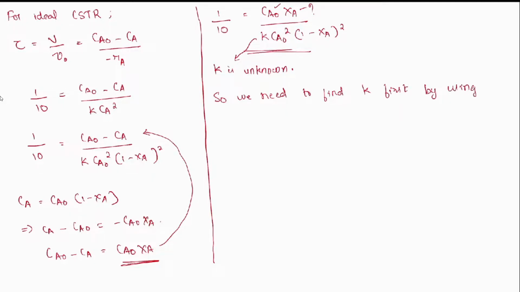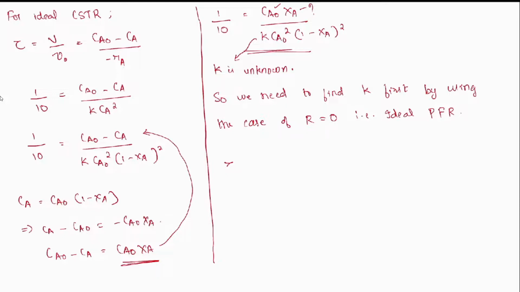We can find K by using the PFR case where R is equal to 0, because there they have given us one more detail, that the conversion is 50%. So all we need to do is write the design equation for an ideal PFR and find K from it.